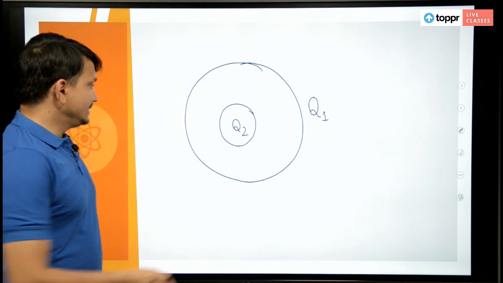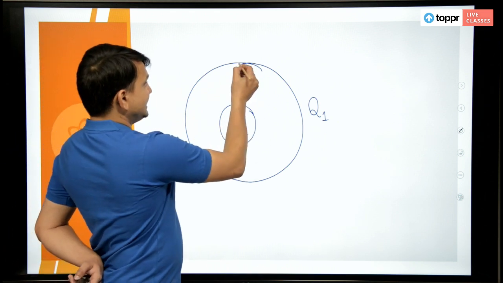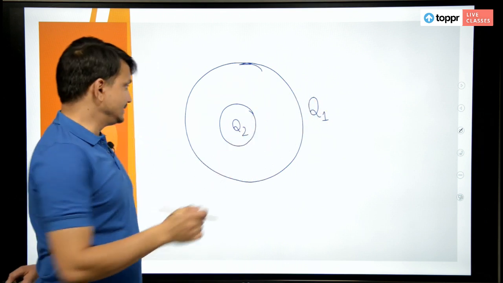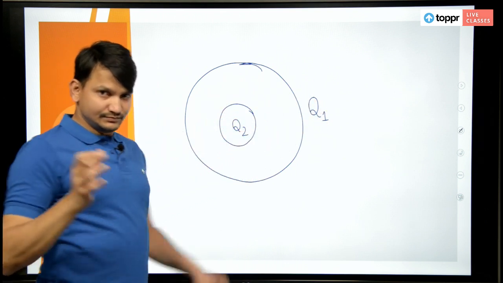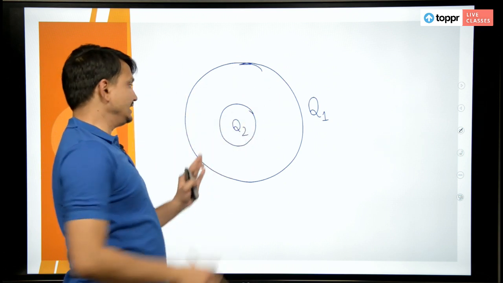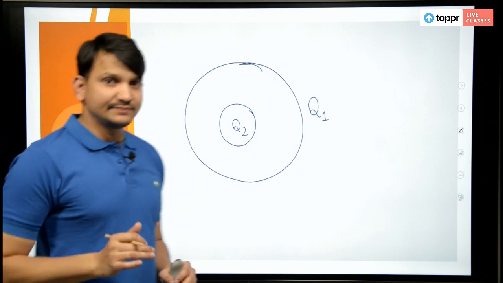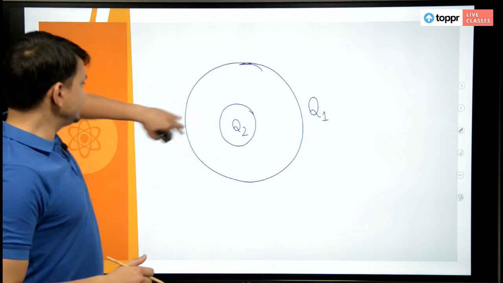If this is a positive charge, this whole shell has been given a charge Q1, and this body that is inserted inside the shell has a charge Q2. Then what will be the final distribution of charges on the three surfaces?